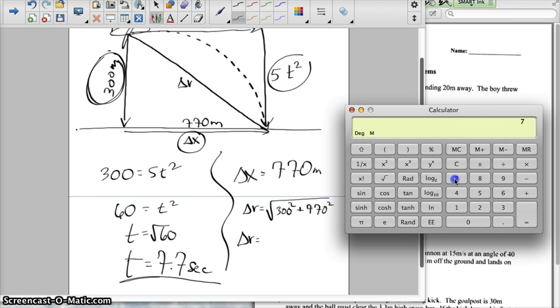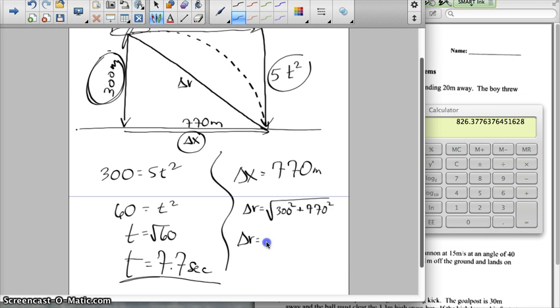Now 770 squared, add that to memory. Now I'm going to recall memory and take the square root of all that, which is 826. So 826 meters.